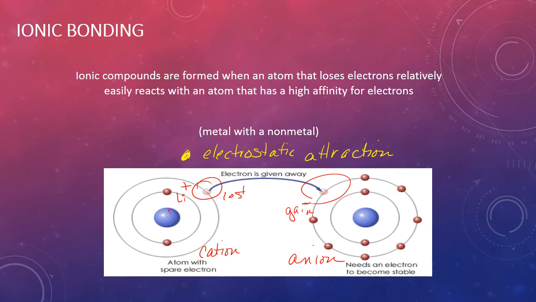And here they're not even sharing, somebody's stealing, it's a thief. However, most of the scientists say it is an ionic bond, even though somebody completely steals the electron, and they're drawn together by this opposite charge attraction.